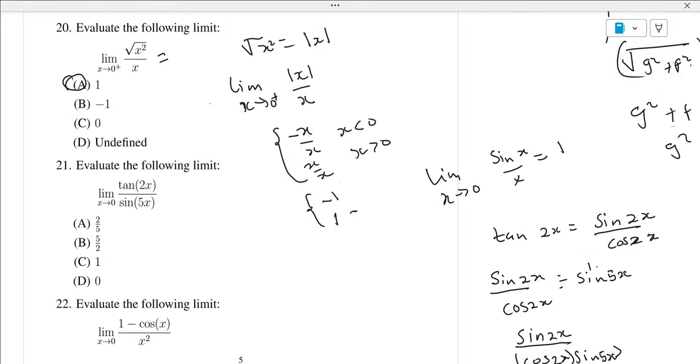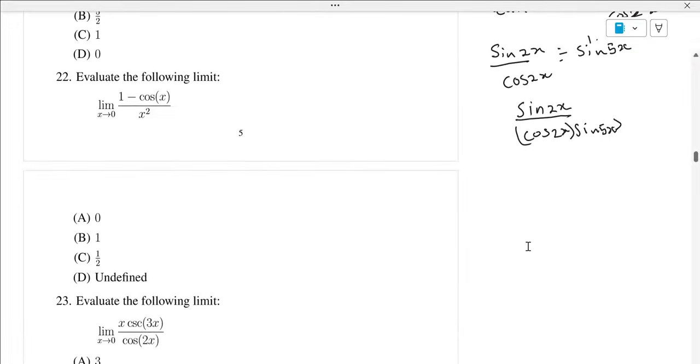Okay, so we also know that, as I said earlier, the limit as x approaches 0 of a sine function, let's say sine kx over x, is equal to k. Sine kx over x is equal to k.